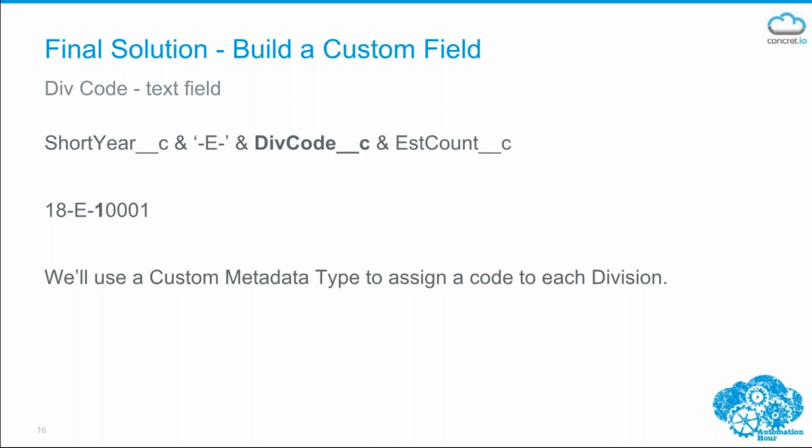So we wanted to convert that into a digit, and using a formula field didn't work, because if it was based on the user, and let's say either the user transferred or the record went to a different owner, if there was a different division, that number would change. So we had to do something different with that.